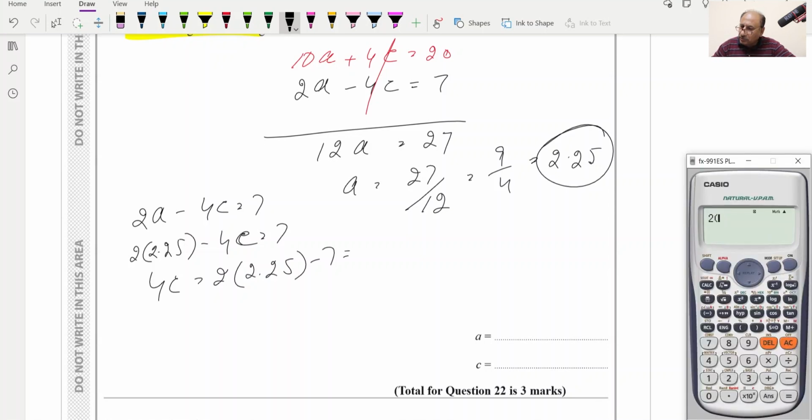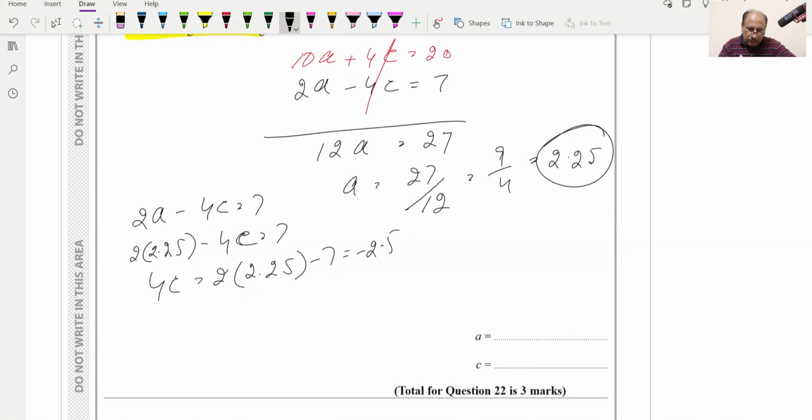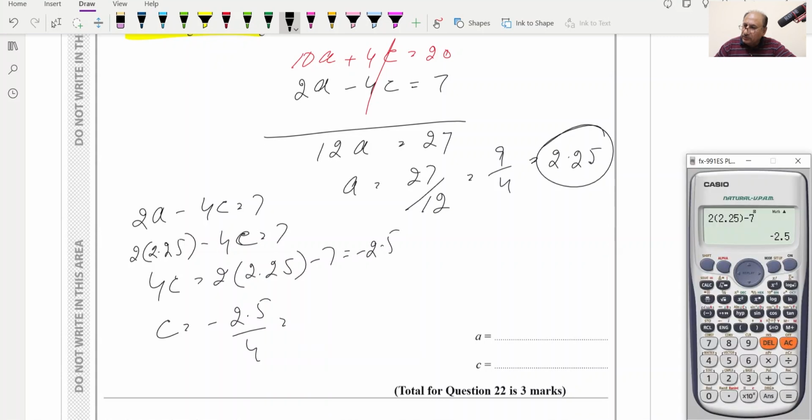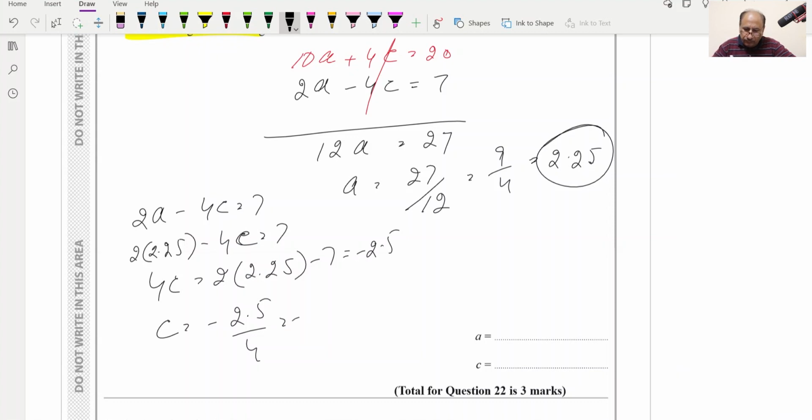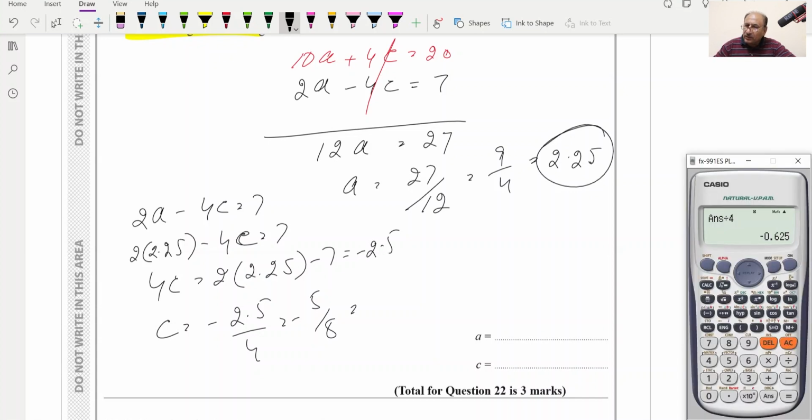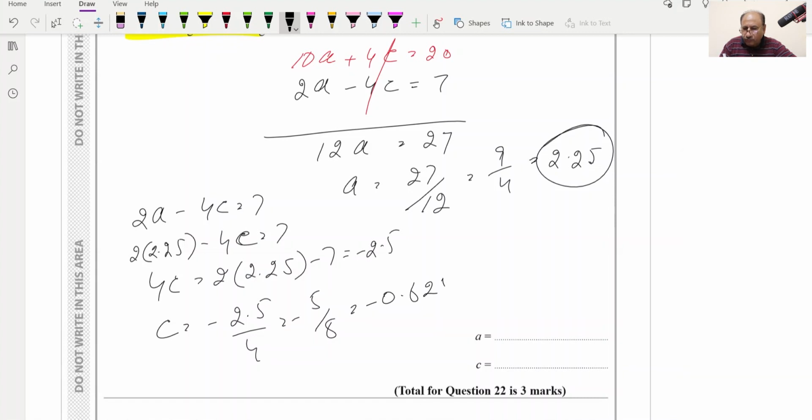Okay, so I'll rewrite this: 2 into 2.25 minus 7, and this is equal to minus 2.5, and c will be equal to minus 2.5 divided by 4, which is equal to minus 5 over 8, and the decimal value we can figure out, that is minus 0.625, and this will be the c value.